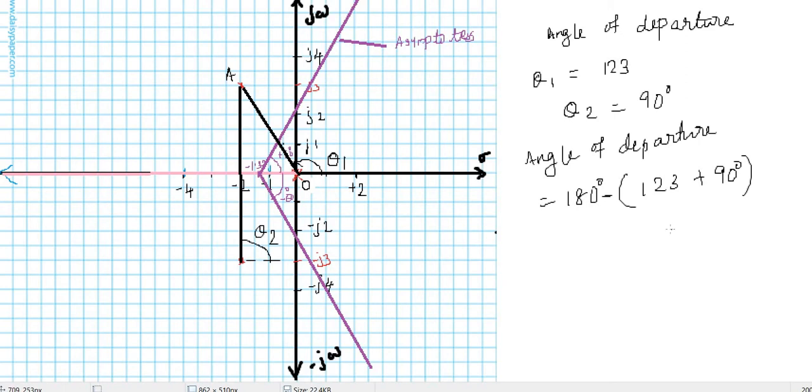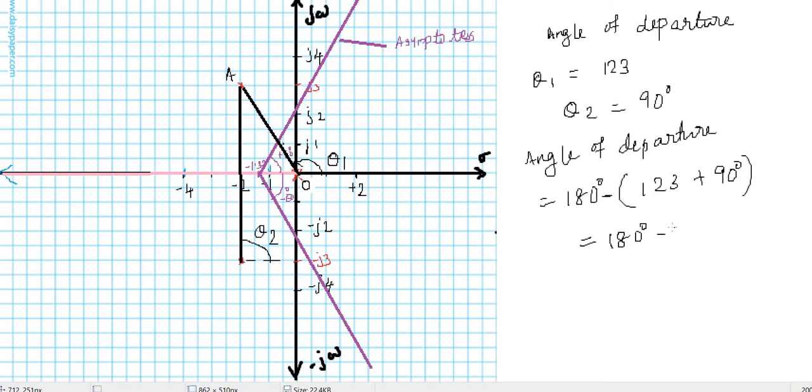Here there are no open loop zeros, so we do not have to consider that term. So the answer will be 180 degrees minus (123.7 plus 90) degrees.